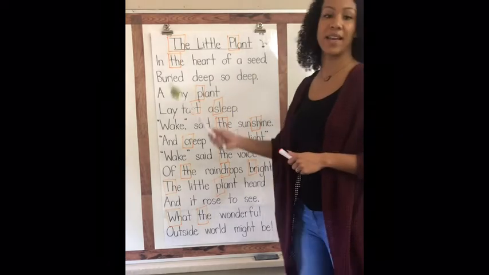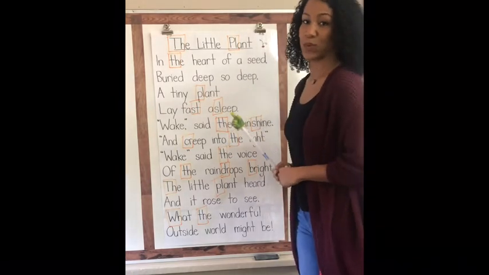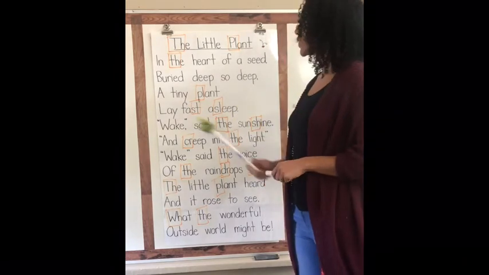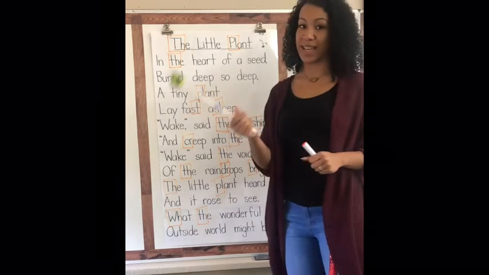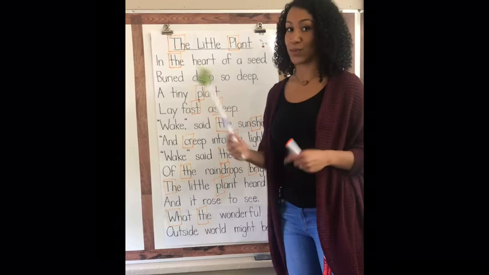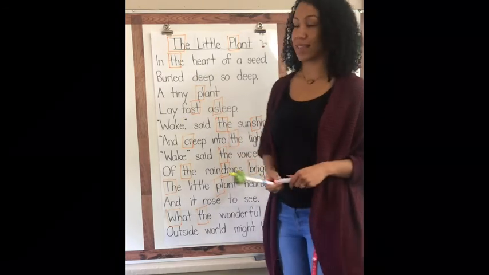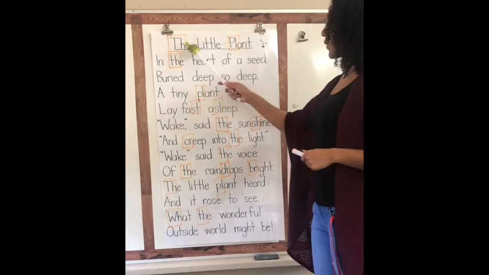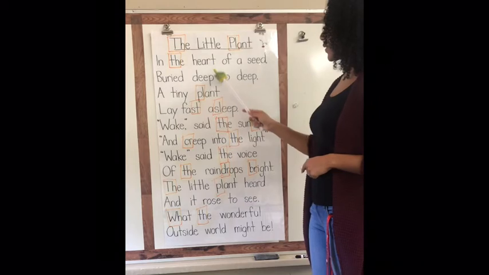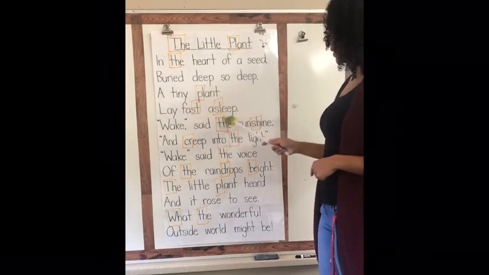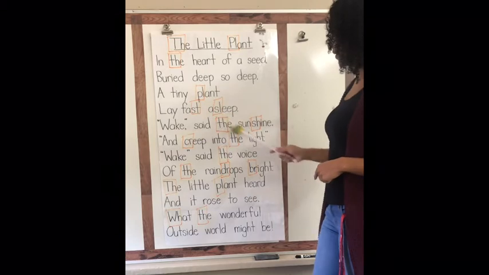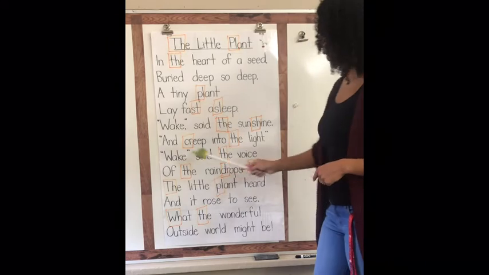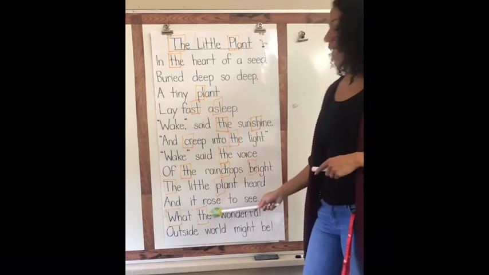There are so many consonant clusters and digraphs just in this one poem, and that's how it is in all of our books and all of the things that we might be reading. So the faster that you can practice these and recognize them, the less brain power it takes when you're reading poems and books and other things like that. Okay, let's count. How many did we find in this poem? 1, 2, 3, 4, 5, 6, 7, 8, 9, 10, 11, 12, 13, 14, 15, 16, 17, 18.